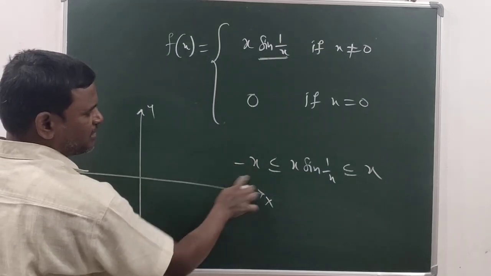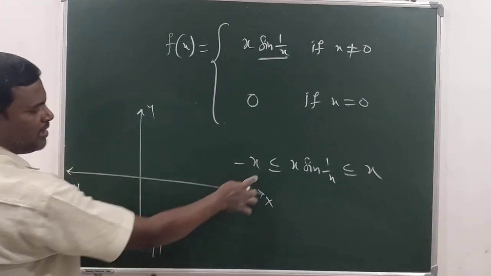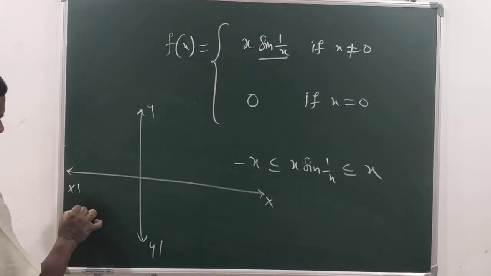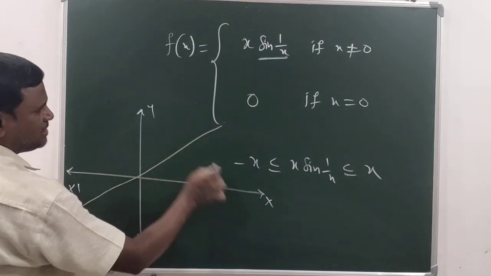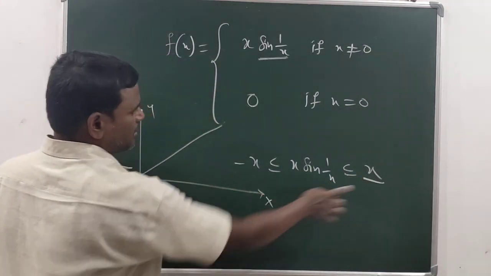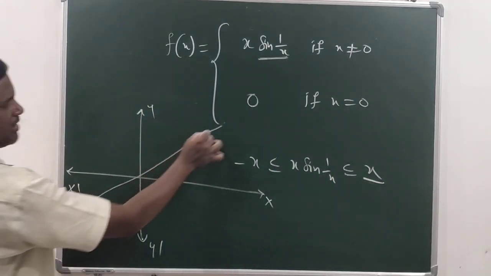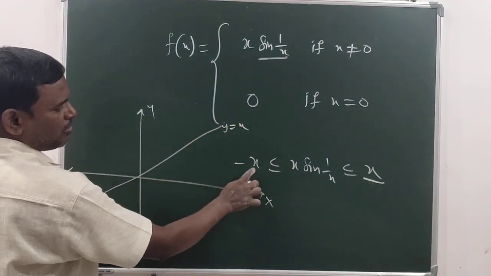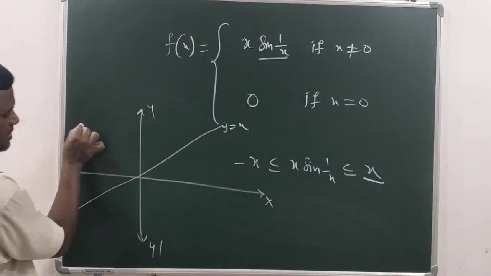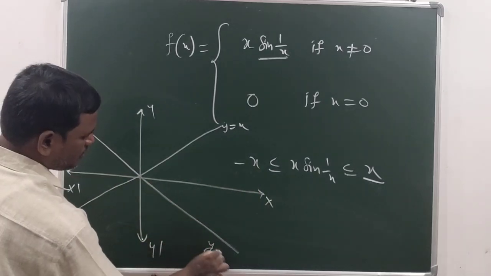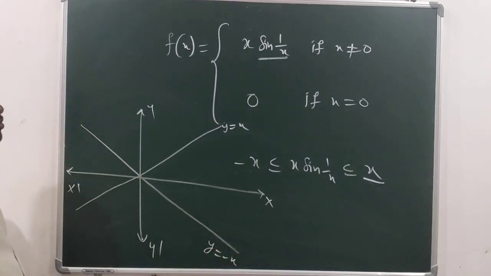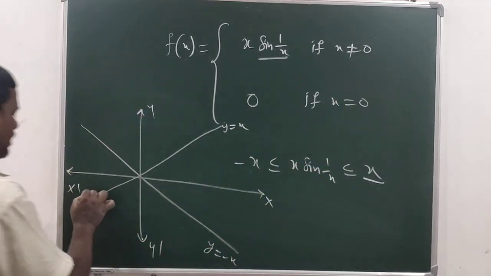So, draw the graph of y equal to minus x, and y equal to plus x. Take this is y equal to x. This is the graph of y equal to x. Now, draw the graph of y equal to minus x. Now draw the graph of this function. So, you get like this.